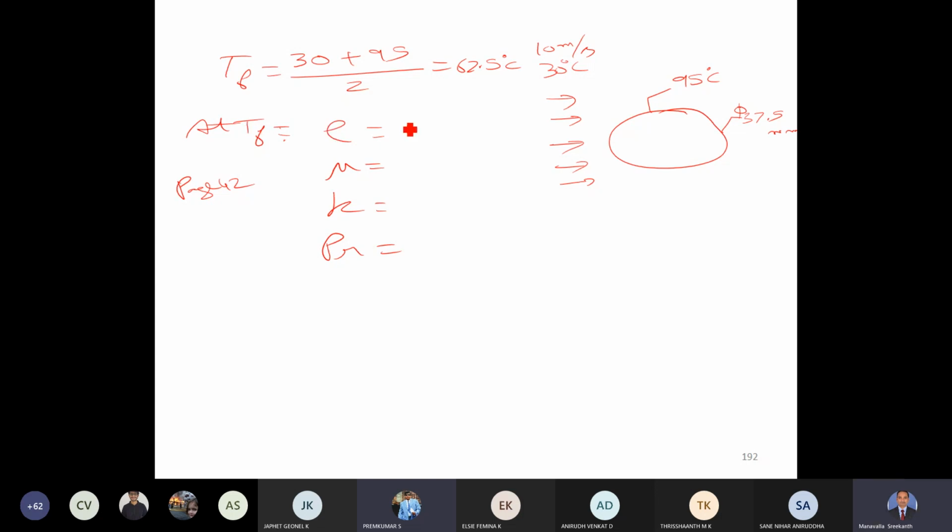So density is 1.06 kilograms per cubic meter. Dynamic viscosity is 20.1 multiplied by 10 power minus 6 Newton second per square meter. Thermal conductivity, 0.029.